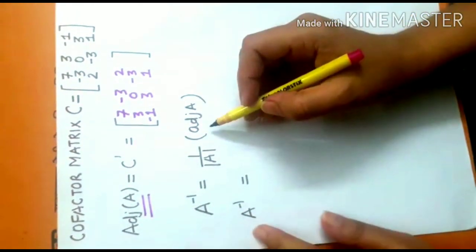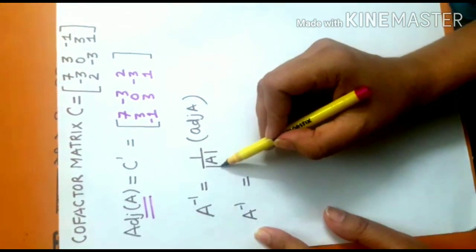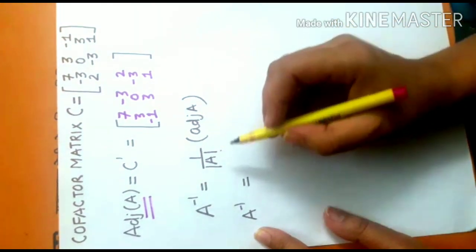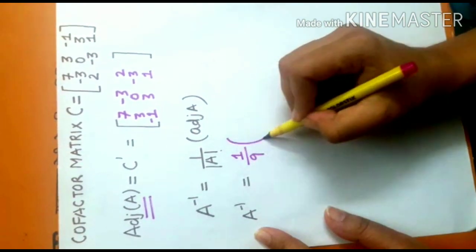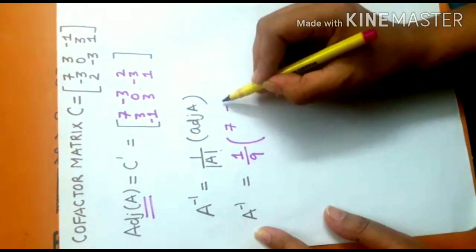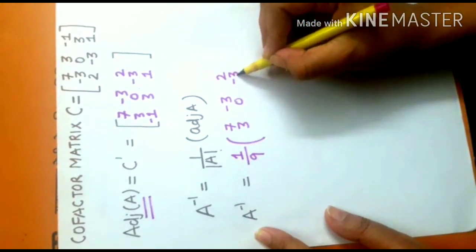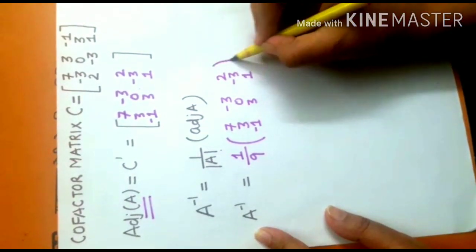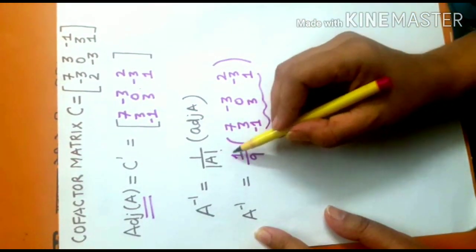Now A inverse is given by 1 over determinant of the matrix A into adjoint A. Determinant of the matrix A was 9, so it's 1 by 9 into adjoint of A, that is this matrix. So 7, minus 3, 2, 3, 0, minus 3, minus 1, 3, 1. Now this matrix is multiplied with the scalar 1 by 9.